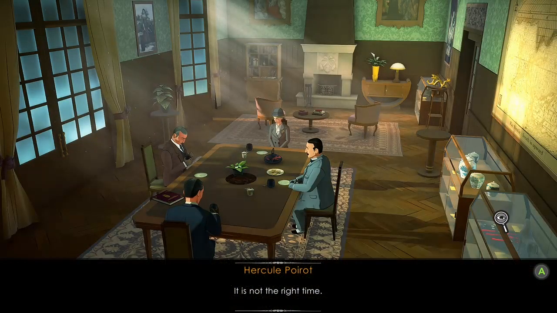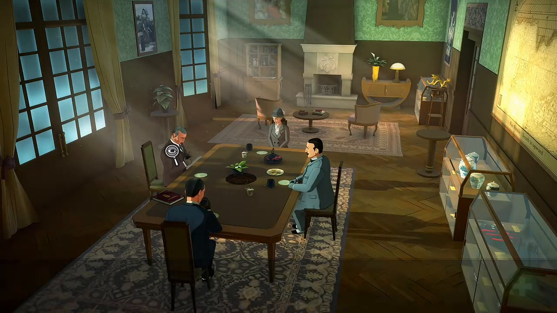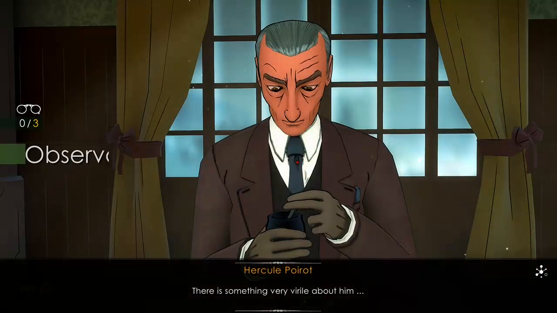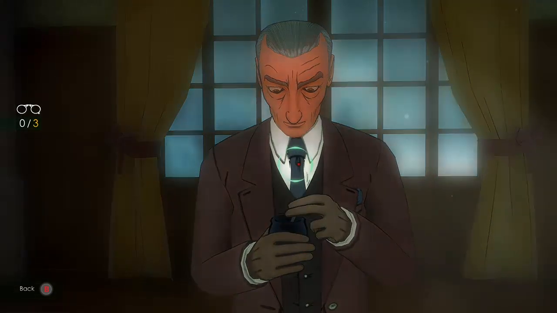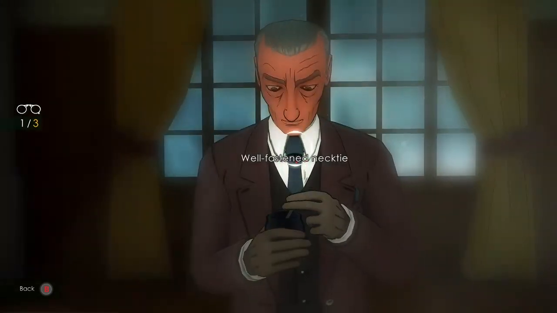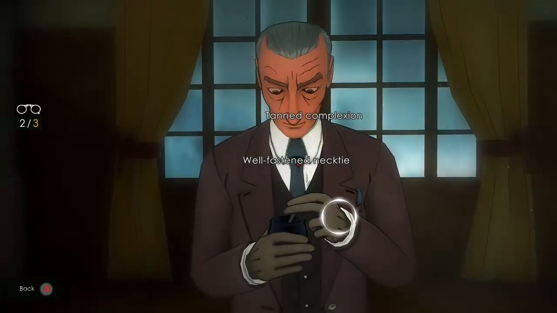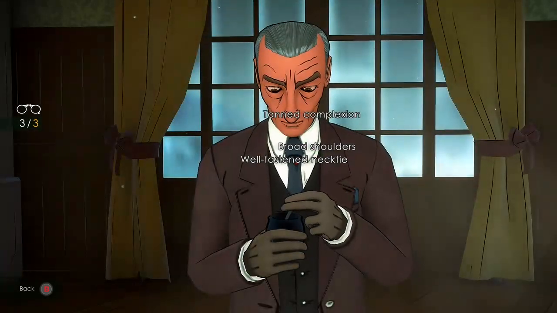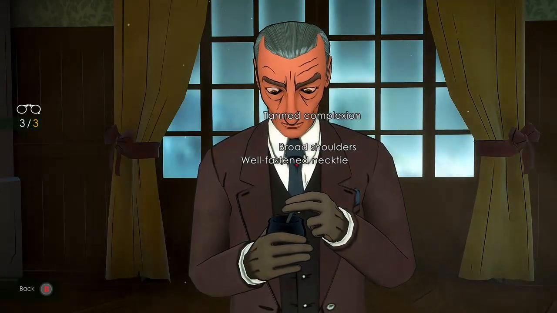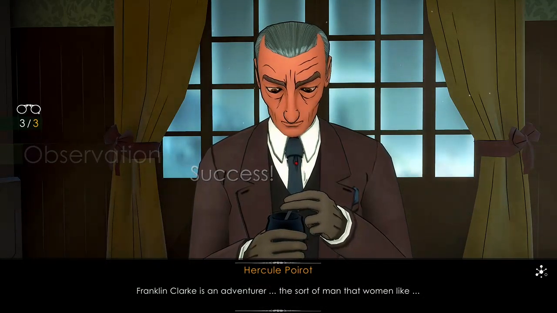It is now the right time. Alright, fine. Let's talk to this fellow. There is something very viril about him. So he gets out. Franklin Clark is an adventurer, the sort of man that women like.